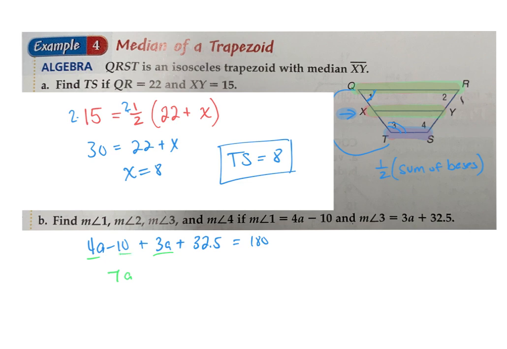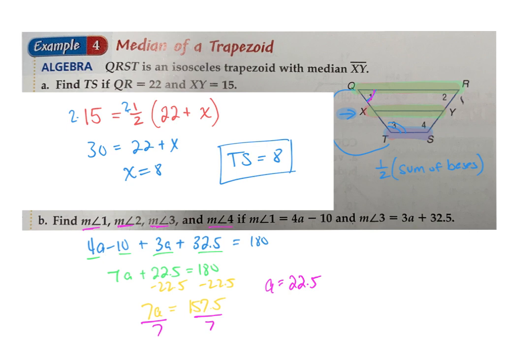We're going to add -10 and 32.5, right? We'll subtract that over, rather. And then my final step, of course, is to divide by 7. A equals 22.5.